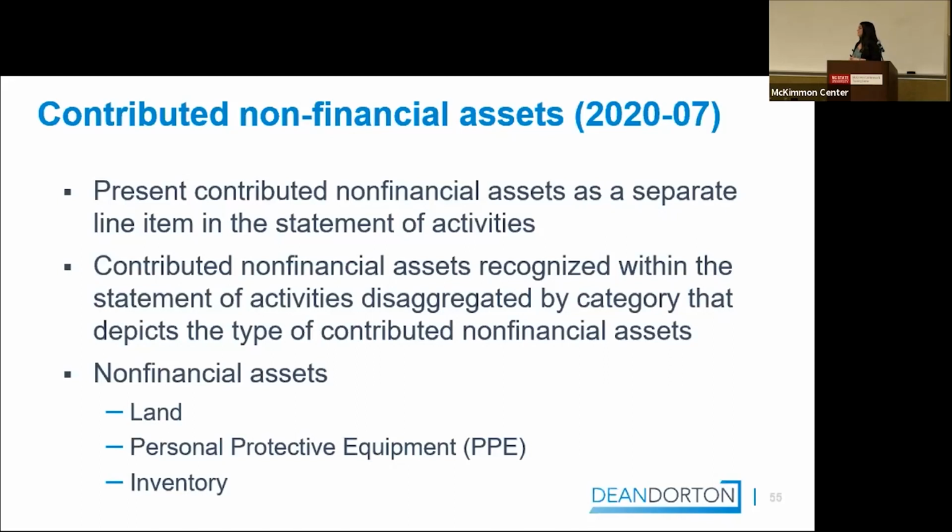You can go a step further on the face of your financial statements, and it might say contribution of building, contribution of vehicle, and then contribution of cash. But regardless of which approach you take on the face of the financial statements, you're going to have to go a step further in the disclosures, and we'll talk about that. So non-financial assets: land, PPE, inventory, food, you get the gist.